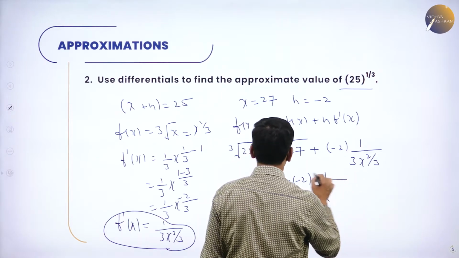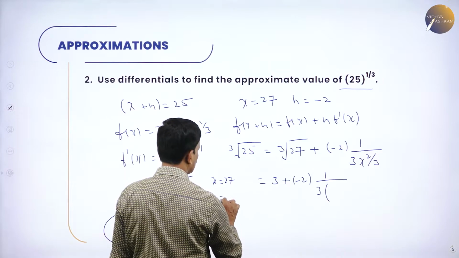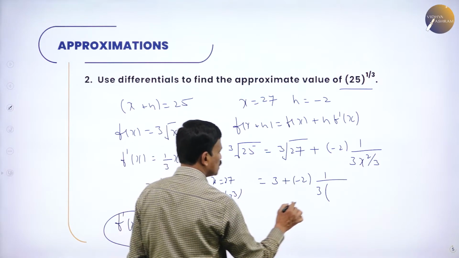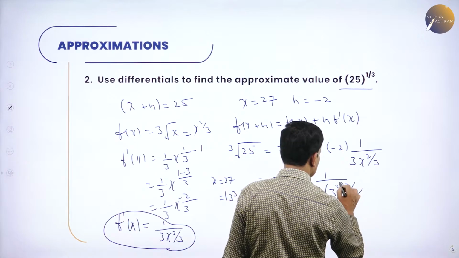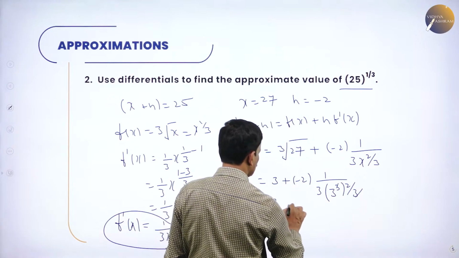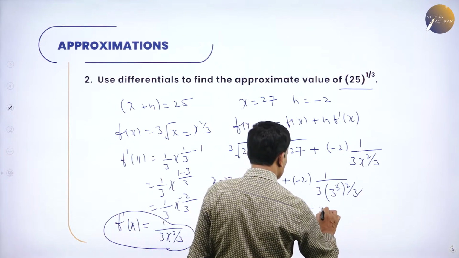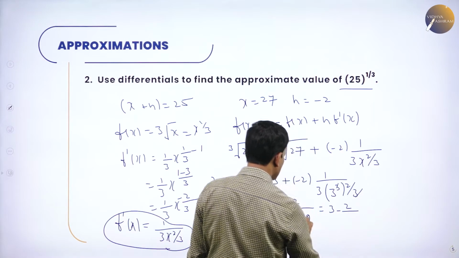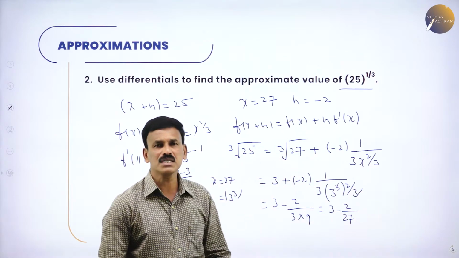What is x? X is nothing but 27. This 27 can also be written as 3 cube. So, this is 3 cube whole to the power of 2 by 3. 3 gets cancelled. 3 minus 2 divided by 3 into 3 square, which is 9. This is 3 minus 2 by 9 3s are 27. 3 minus 2 by 27.